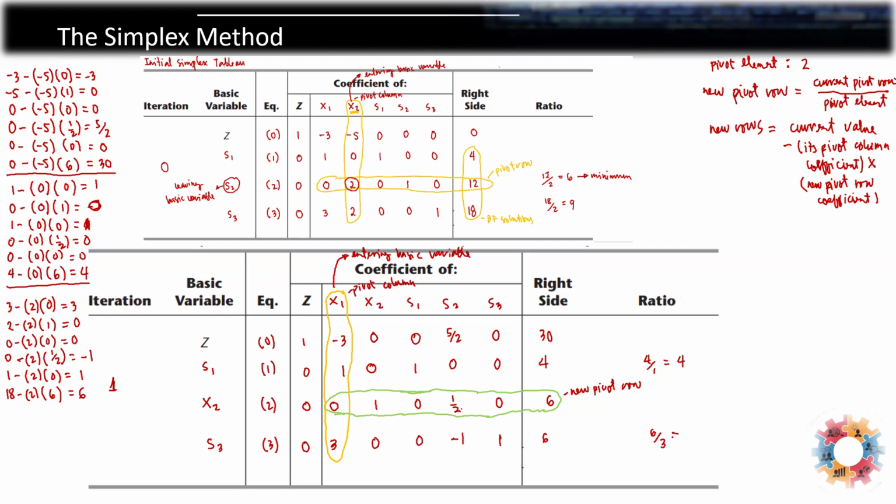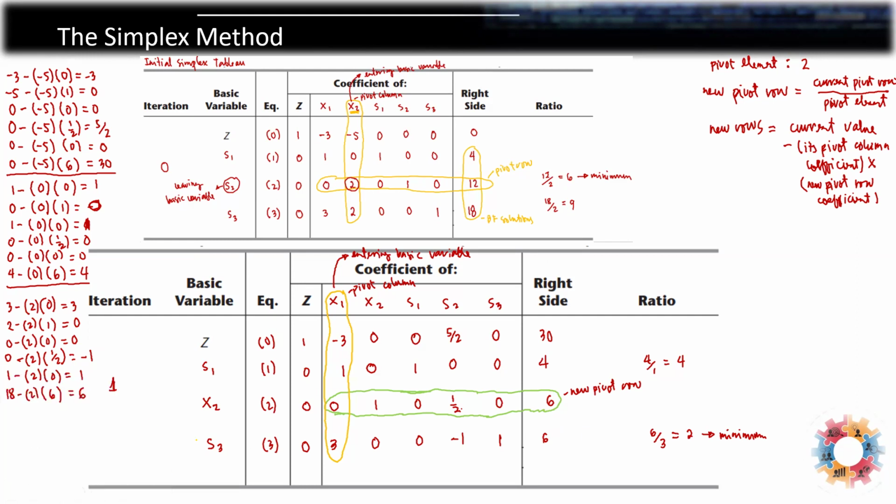So 6 divided by 3 is equal to 2. Now, between the two values, this is the minimum. So according to the minimum ratio test, your pivot row is the last row.